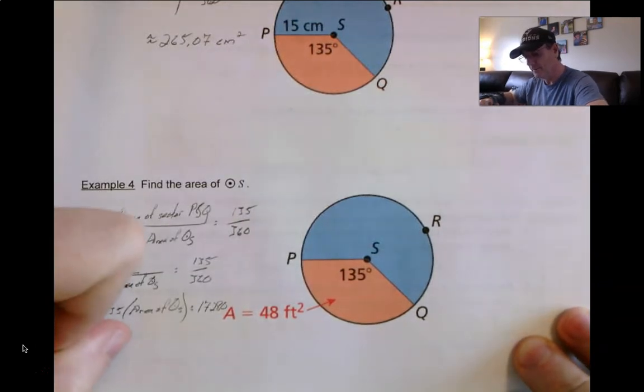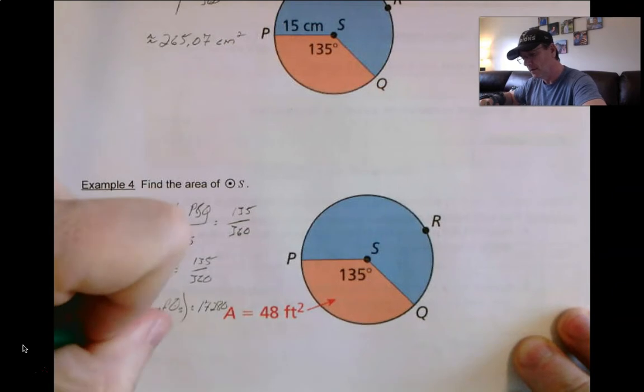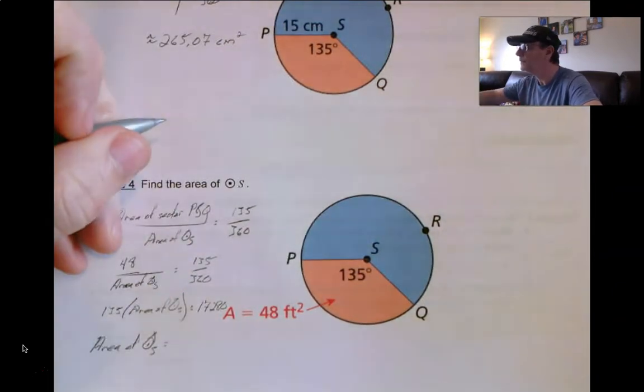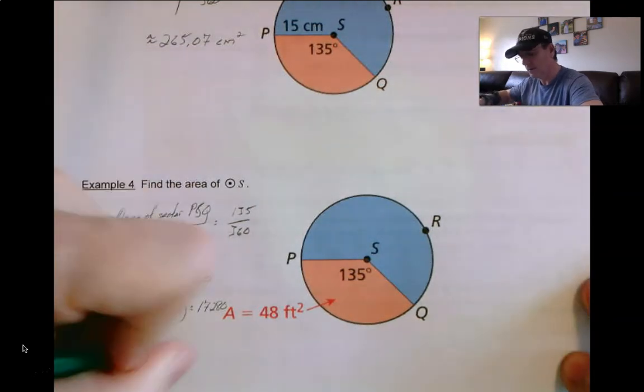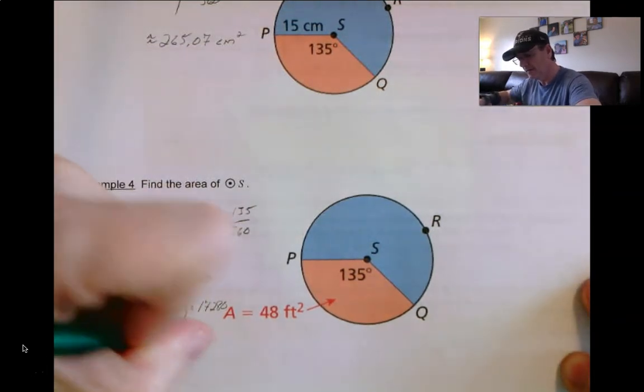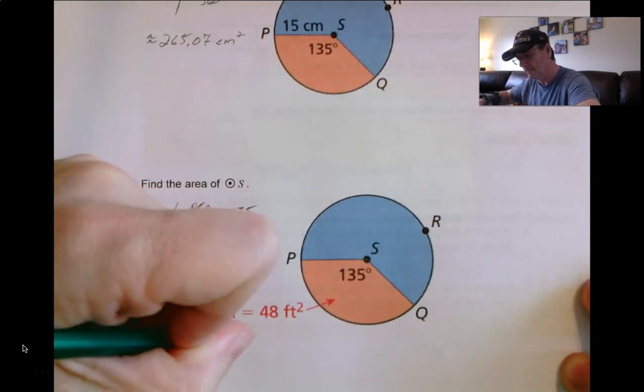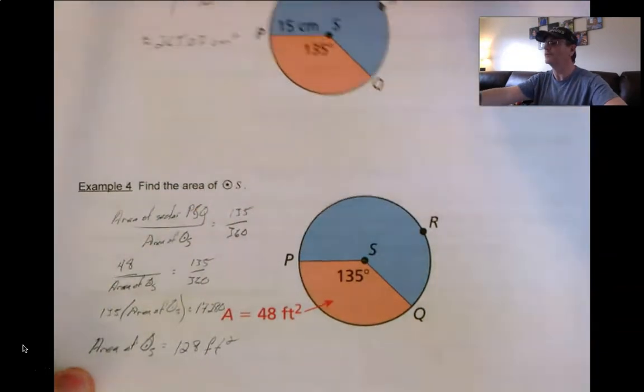So the area of circle S is equal to 128 square feet.